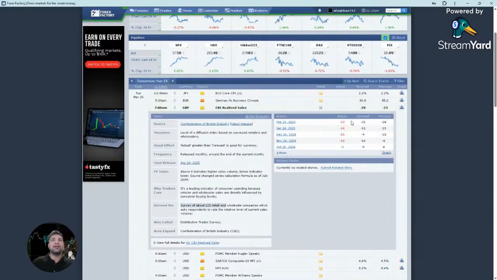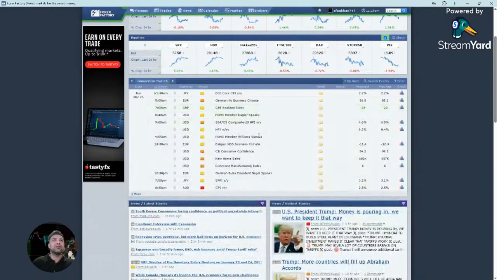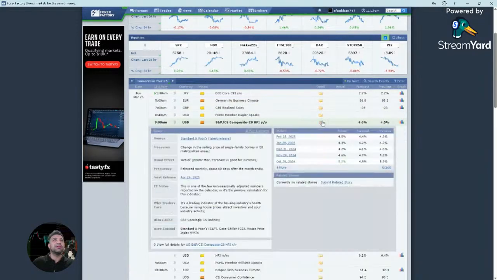We can see that the previous is minus 23, and the forecast is about minus 28 right now. And then we have S&P Composite and HPI yearly, the changes in the selling price of single family homes in 20 metropolitan areas, and it is a leading indicator for the housing industry health because of the rising house prices.